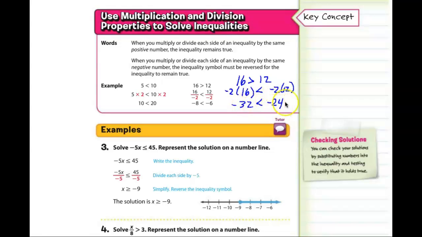It is a much better situation, and there's more value to owing somebody only $24 than to owing somebody $32. Okay, so basically, what you need to understand is when you multiply and divide by numbers that are negative, it's going to flip the sign. It's going to switch from greater than to less than, or less than to greater than.